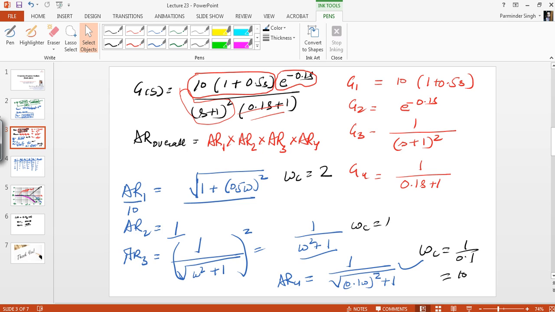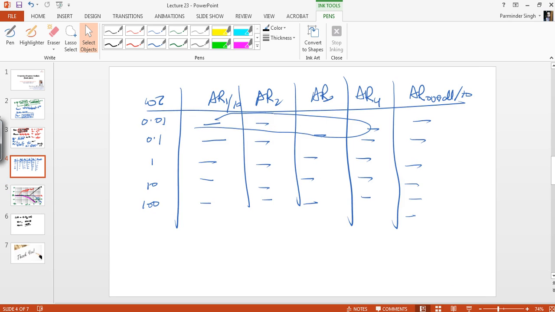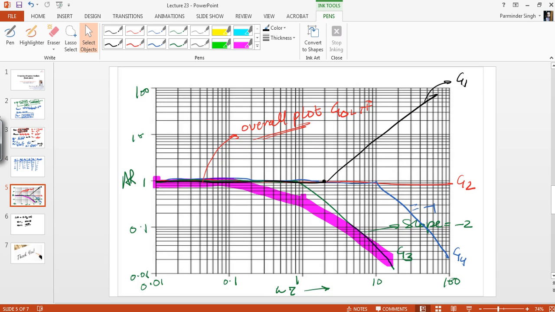I have done it by using high frequency and low frequency asymptotes, that is asymptotic curves. You can also plot using the actual values. If you have these specific values corresponding to 0.1, 1, 10 and 100, you can also plot these values on this graph paper and you can have the similar shape. So this is how you plot the Bode diagram for any given system.